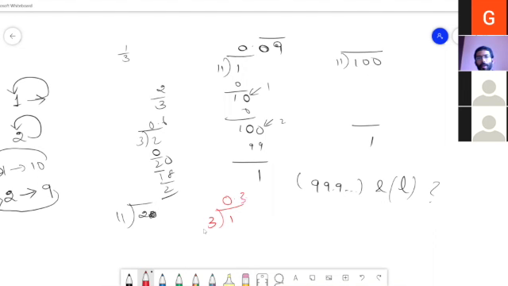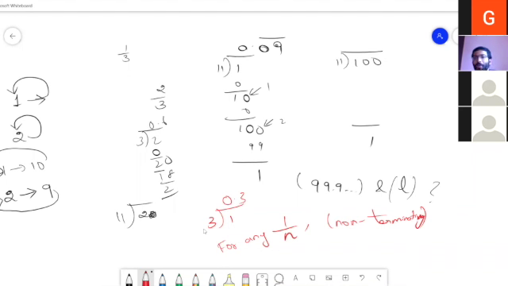What I say is for any 1 by n which is non-terminating, we'll stop with 1 only. What will be the final remainder that we stop with? Can it be a number other than 1?